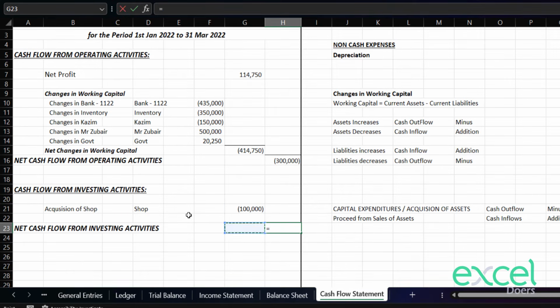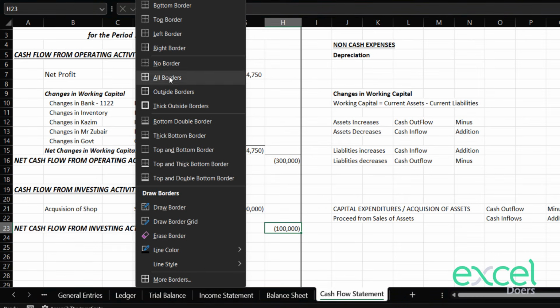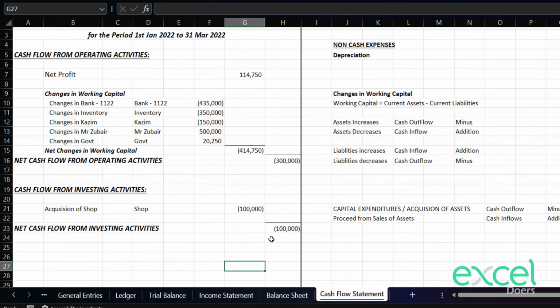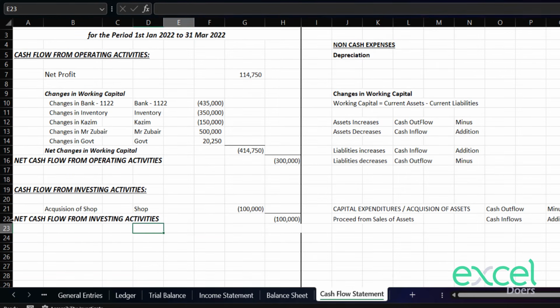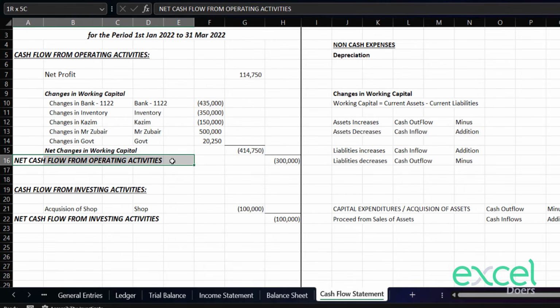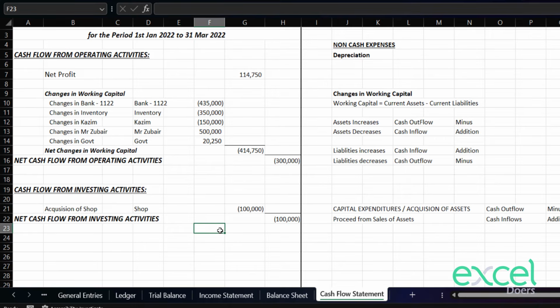So again I can take this value here, I can give a line on the top. We can also go one step back, right? Okay, so now we have reached the net cash flow from operating activities, net cash flow from investing activities.